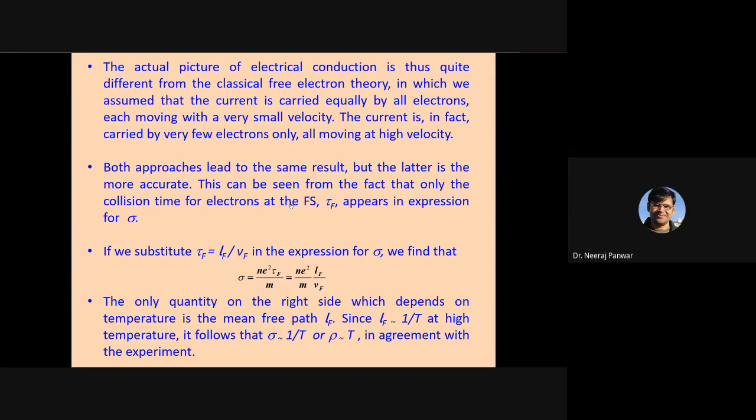However, according to the quantum theory, only those electrons which lie close to the Fermi level contribute to the specific heat or the electrical conduction or the thermoelectric power.